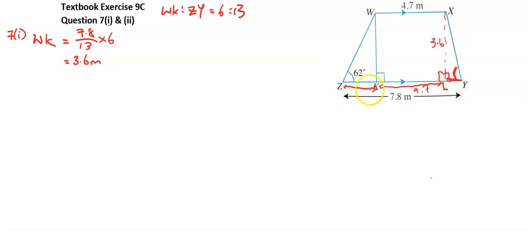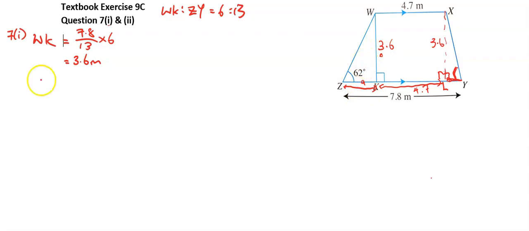So we find ZK here. How do we find ZK? We know this is 62 degrees, and we have calculated WK to be 3.6. So we can make use of trigo. This is opposite of 62 degrees, and ZK is adjacent.